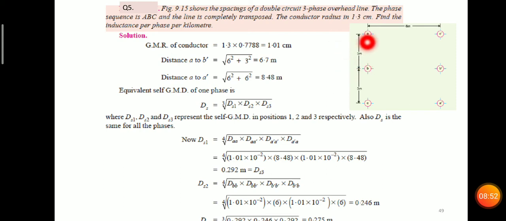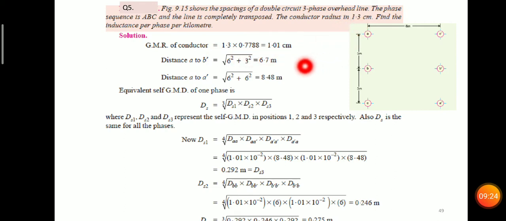Here a double circuit line is given. We have to consider the geometrical mean distance and the GMR of the conductor, since there is more than one conductor in a phase. The GMR, geometrical mean radius of a conductor, where 1.3 is the radius of a single conductor.